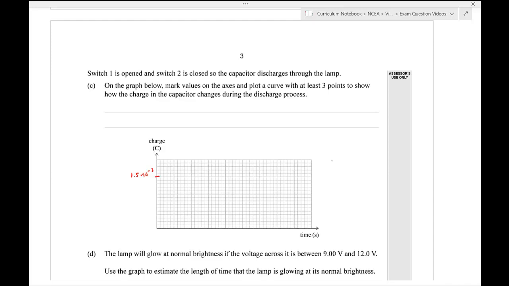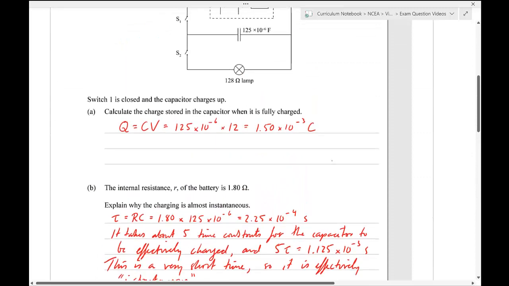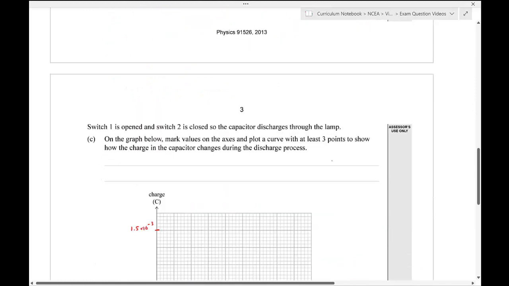And we want to work out what the new time constant is because it's discharging through the bulb. The bulb has 128 ohms resistance. So we'll work that out here.